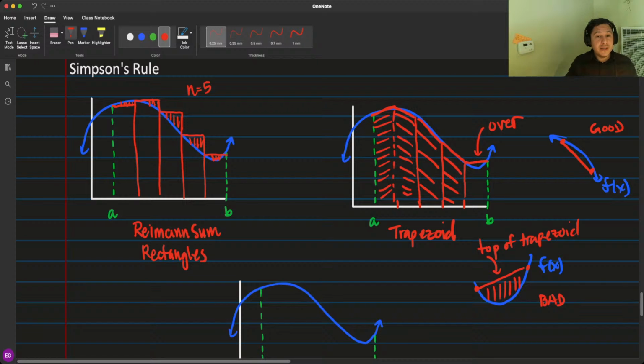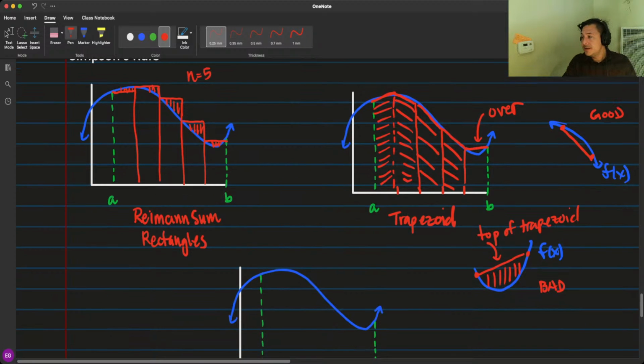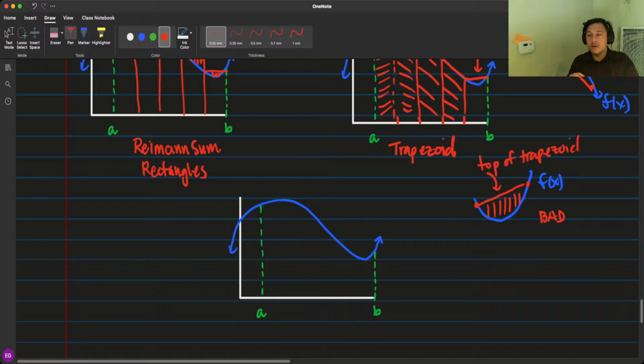So someone had a brilliant idea about how to fix this. They said, oh, I know. Why don't we, instead of using trapezoids or rectangles, use parabolas. So 1, 2, 3, 4. Let's draw the lines.